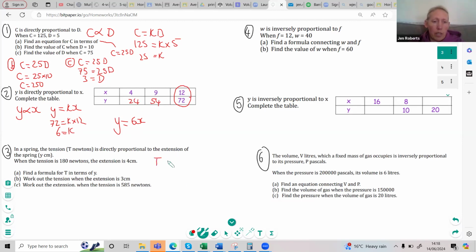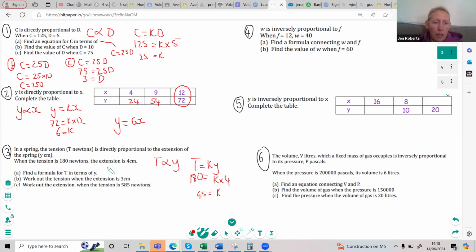So here we know T is directly proportional to Y. T equals KY. When T is 180, Y is 4. Get your K, divide both sides by 4. K is 45.